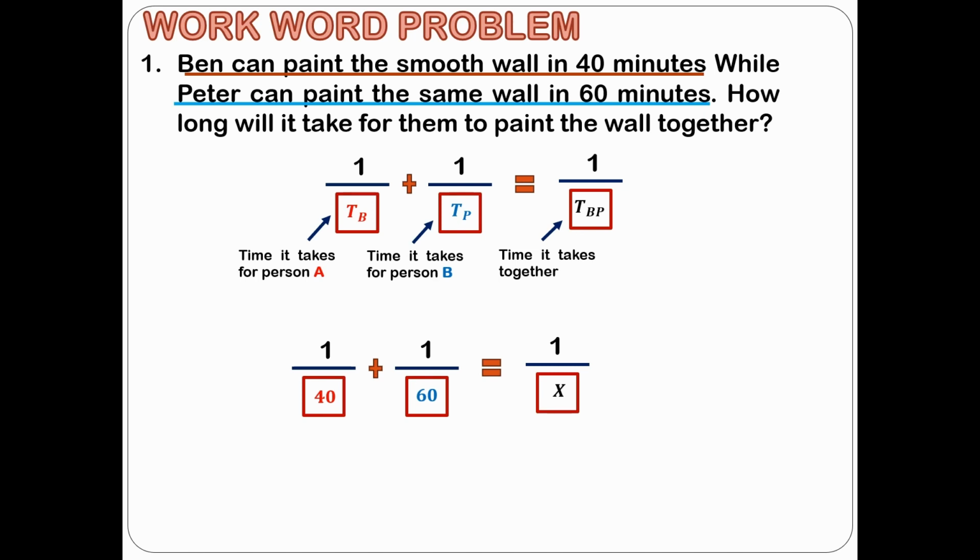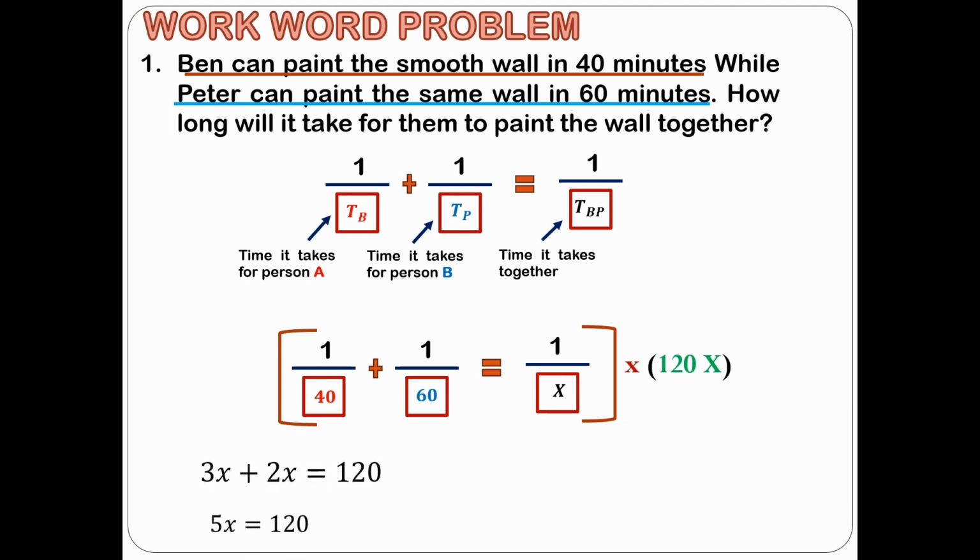And to solve for x, we will get the least common multiple, or we call it LCM, and then multiply it on both sides of the equation. Now the LCM is 120x. After multiplying, the equation will become 3x plus 2x is equal to 120, then 5x is equal to 120.